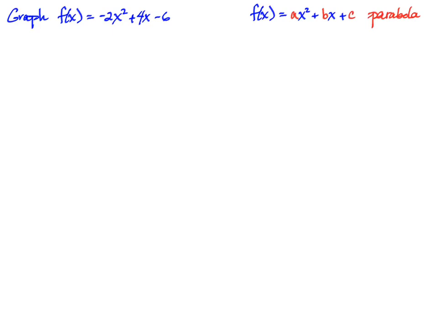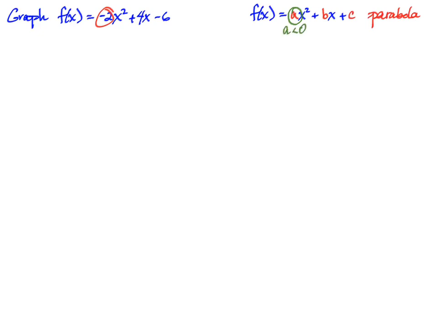And first thing we can do is look at the number a. That's called the leading coefficient, the coefficient in front of the leading term. And we can tell the orientation of our parabola. In our case, our leading coefficient is negative 2. So a is negative 2.